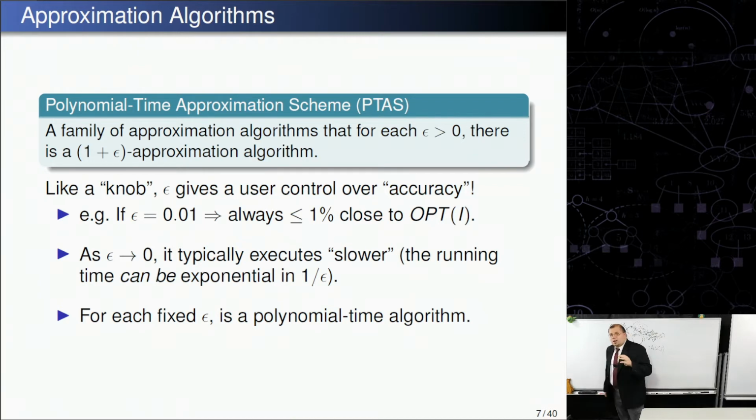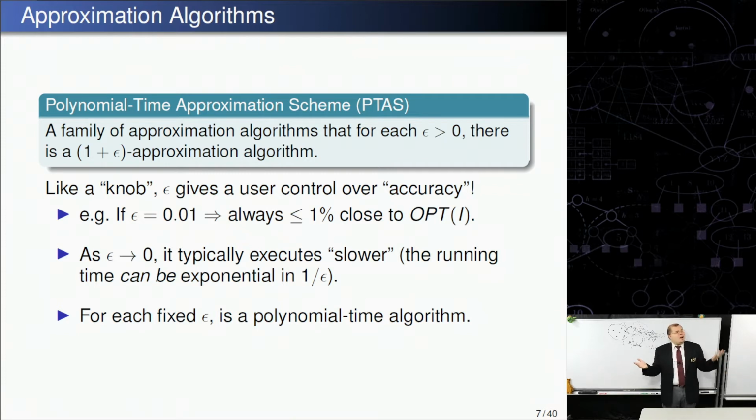And I'm going to have an approximation algorithm for each positive rational number. Just remember, rational numbers are your fractional numbers, like 1/2, 3/4, 0.01. So for each value of epsilon, there's going to be a 1 plus epsilon approximation algorithm. You can think of it like a big collection, a family, of approximation algorithms.